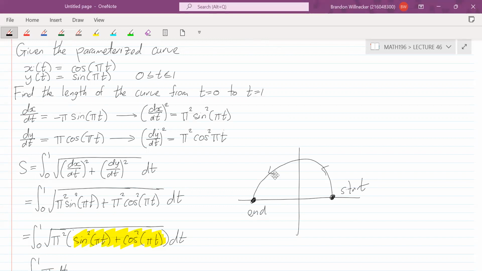So we have half a circle of radius 1. The full circumference would be 2 pi r. In this case with radius 1 would just be 2 pi, but we're only going around half the circle. So the distance of the semicircle here is just going to be pi. So that distance is just pi, or you can say pi units.